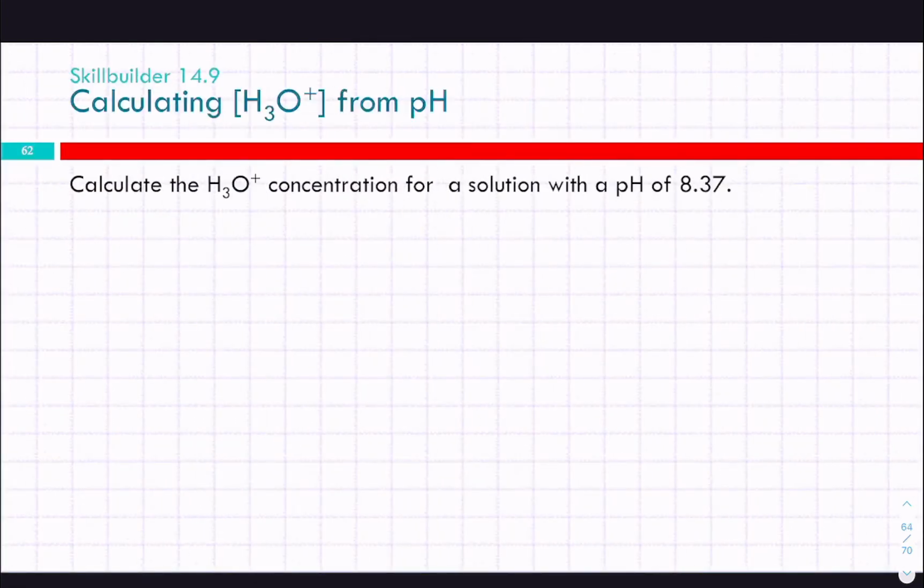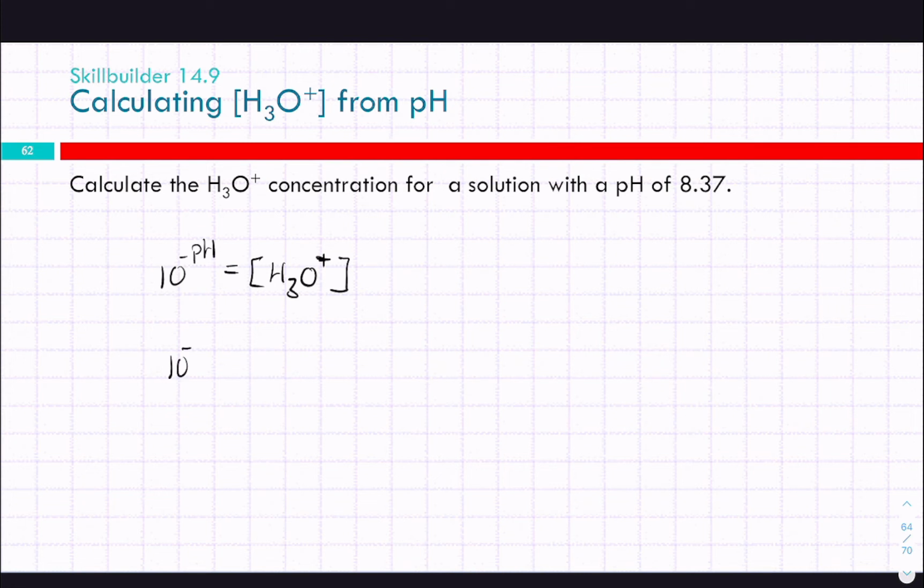So we'll do another one. If we want to calculate the concentration of an H3O plus solution with a pH of 8.37, 10 raised to the negative pH equals the concentration of H3O plus.